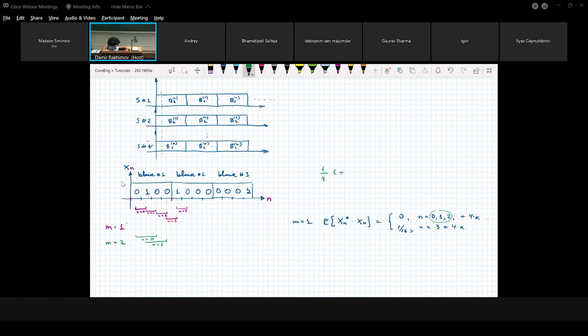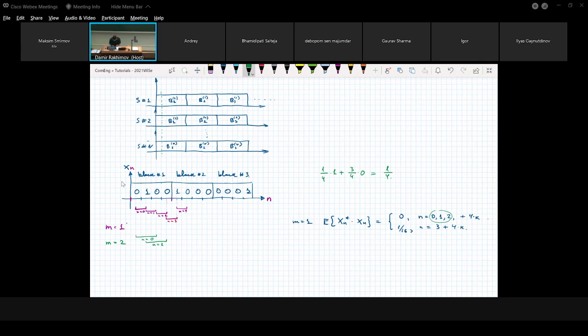Maybe it helps you if you have a different alphabet, like 1 and minus 1. But for us, you can just ignore it. Then it equals 1/4. And then the same will be for the adjacent one. We'll have 1/16. But it's a good question, because you keep in mind that if you have a different alphabet, the result will be different.